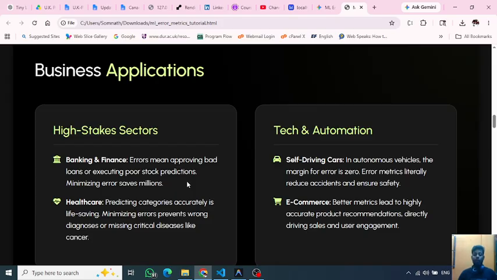If your model performance is bad and you wrongly approve the customer's loan, it's very dangerous, right? Same case for poor stock prediction. So minimizing error saves millions.